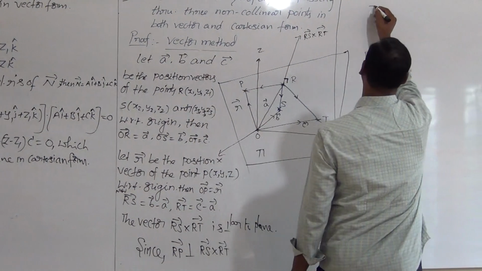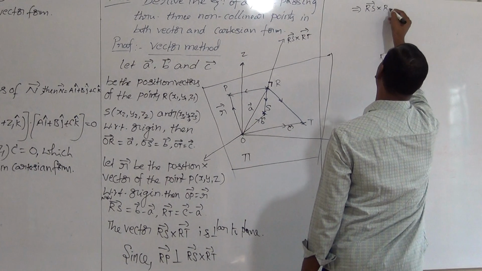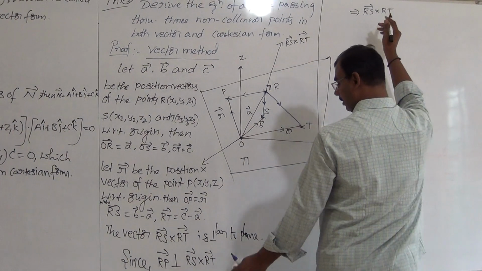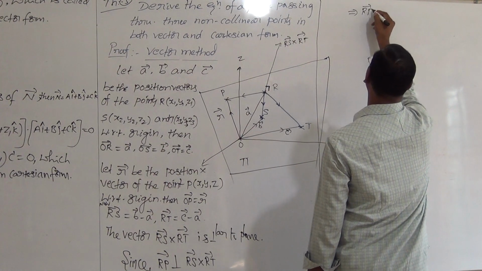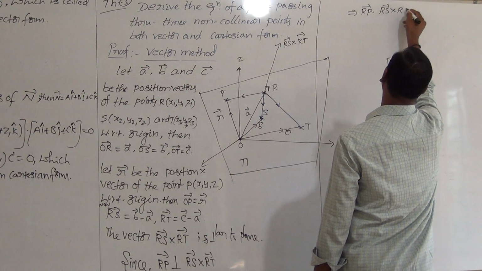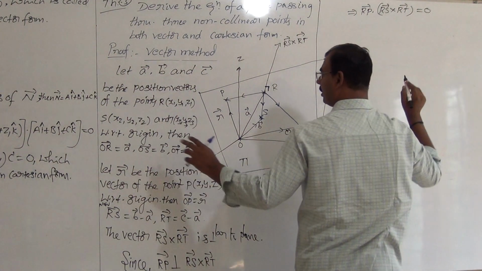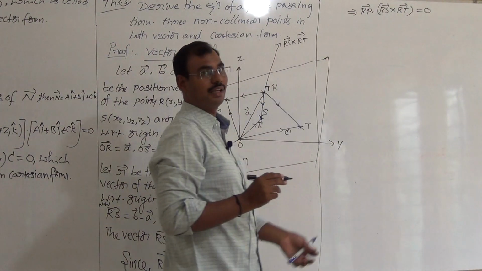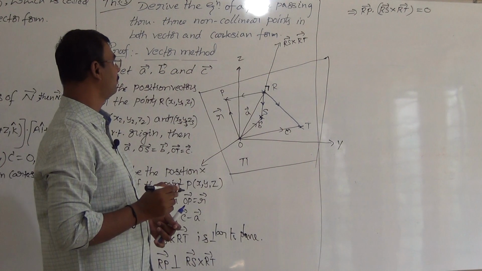This implies RS vector cross RT vector dot RP vector, so we can also write it like this: RP vector dot RS vector cross RT vector is equal to 0. In all theorems we are using only one technique, that is what? Dot product is equal to 0.